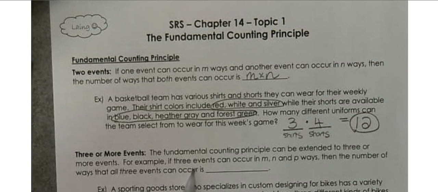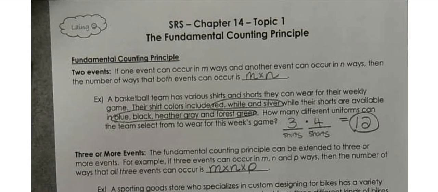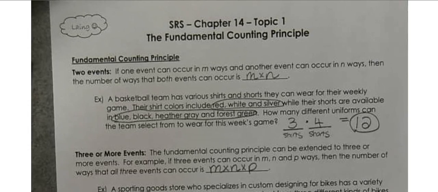So if 3 events can occur in m, n, and p ways, then the number of ways that all 3 can occur is m times n times p. So let's say we have a sporting goods store that specializes in custom designing bikes, and they have a variety of choices. They can select from 3 different kinds of bikes: BMX, racing, or mountain.